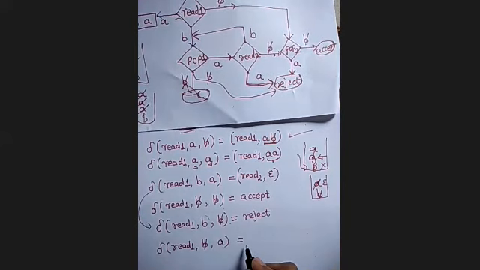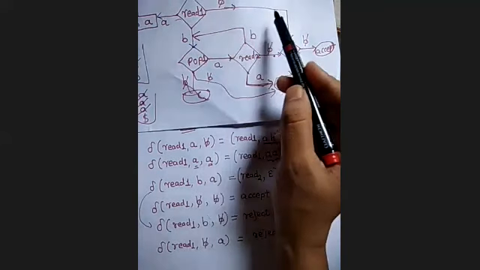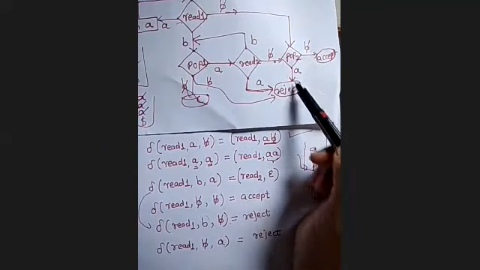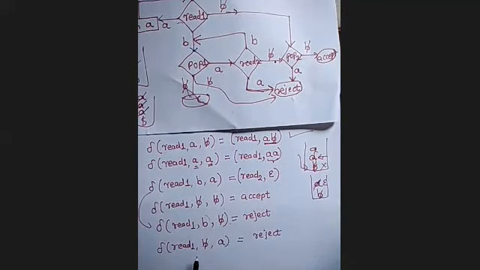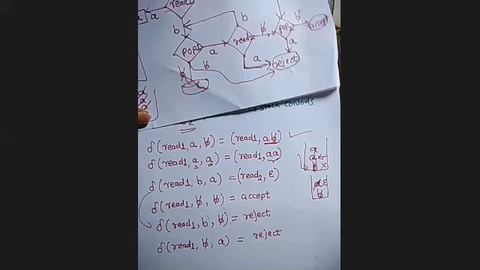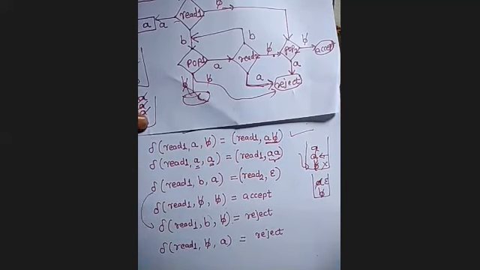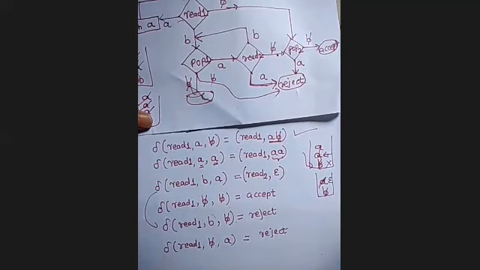Read one, blank, A. Reject, correct. So in read one we read blank, then the stack has A, so reject. That is correct. Okay, so are all the possibilities for read one complete? Yes.